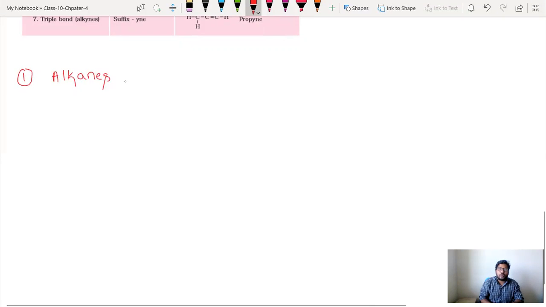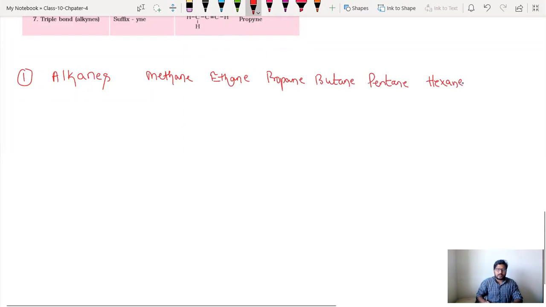So you have to know the names of alkanes like methane, ethane, propane, butane, pentane, hexane. So 6 formulas you must understand.